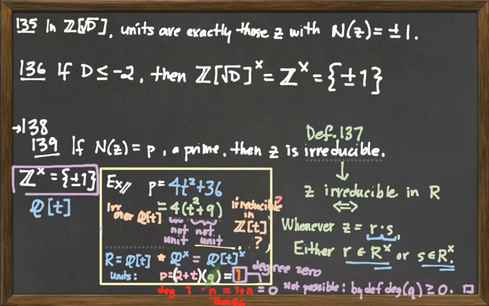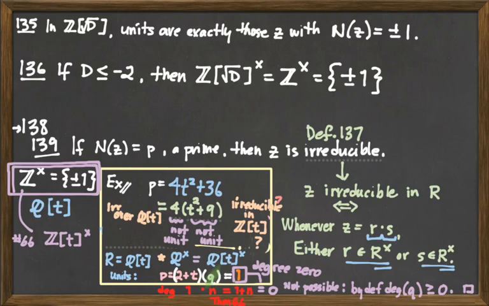Exactly. Over here, the only units of Z adjoin t, as you showed on the homework, number 66, are the units of Z. In other words, the only invertible polynomials with integer coefficients are those constants that are invertible, and that consists of just plus or minus 1.